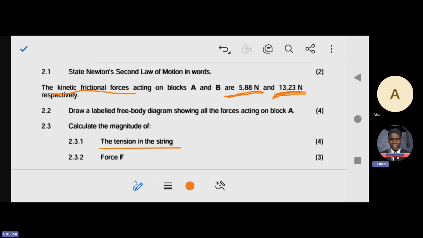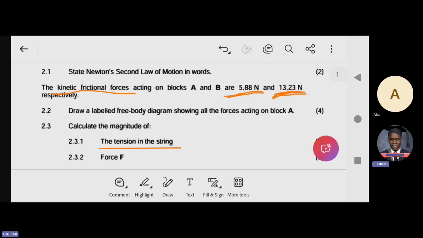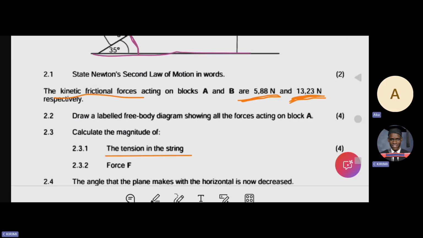That is the frictional force for B. So everything you have. You have tension. What you need only to calculate is the component of FG parallel for B. Once you know FG parallel for B, you are done. You can be in a position to calculate F. So let's go for it.